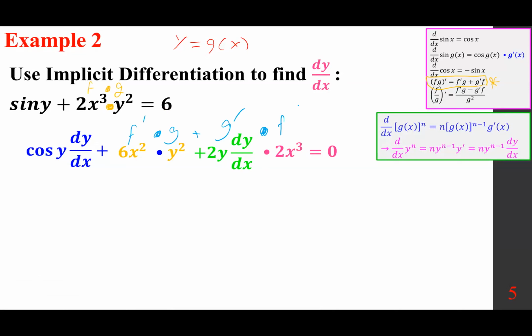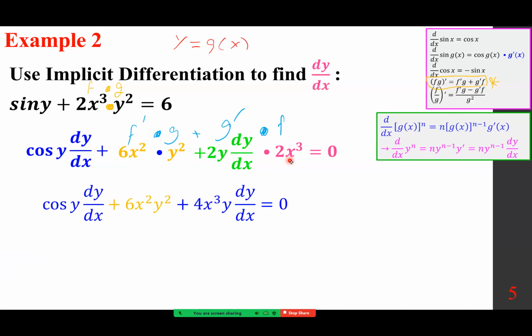And to do that, first 2y and 2x cubed would get multiplied, 4x cubed y. Then this is the one that we are going to move to the right, becomes negative.